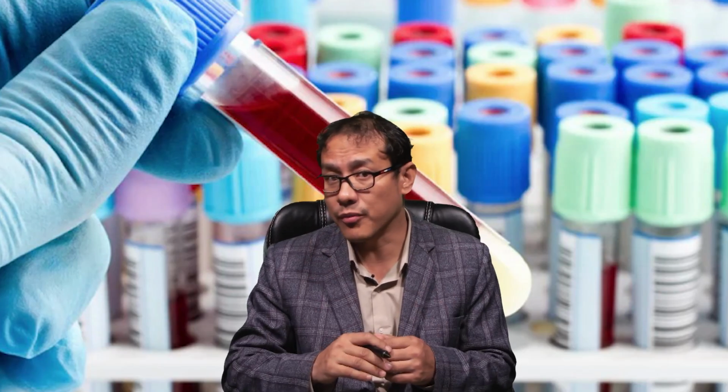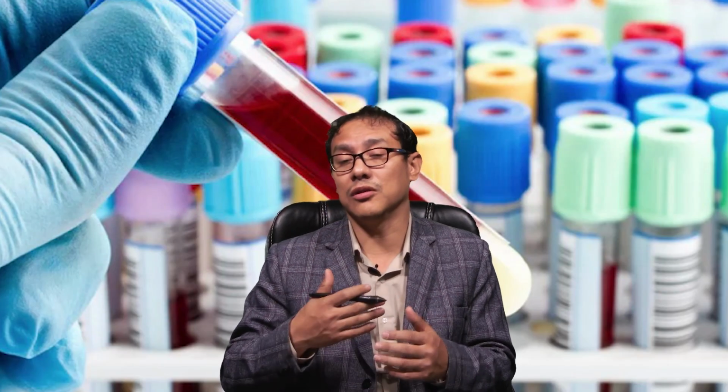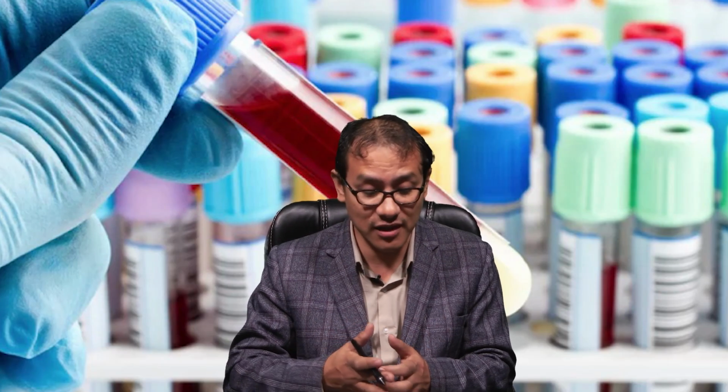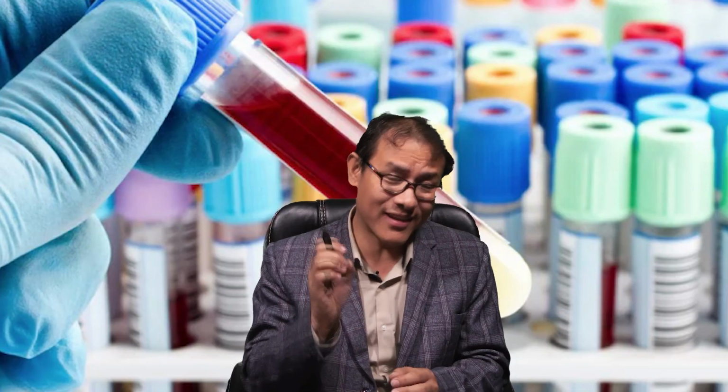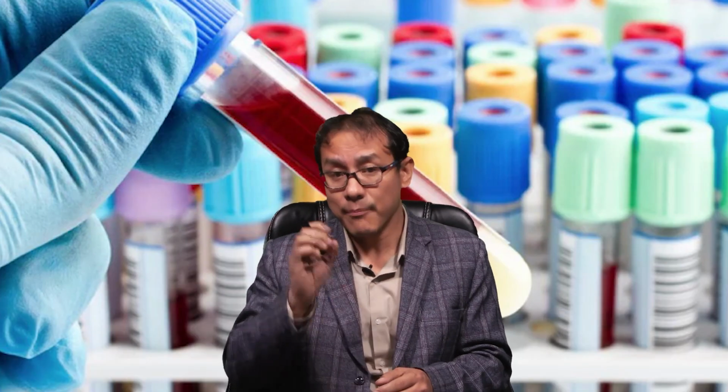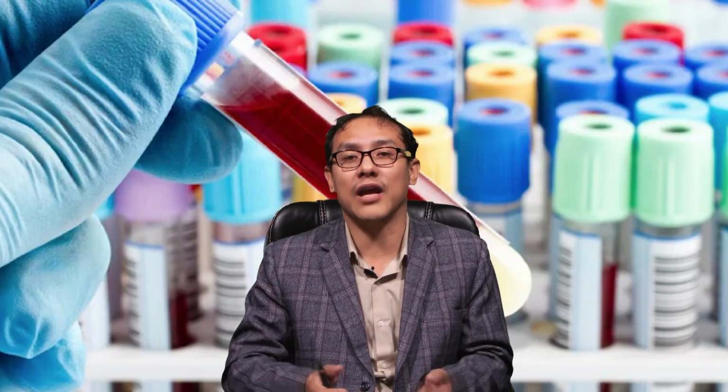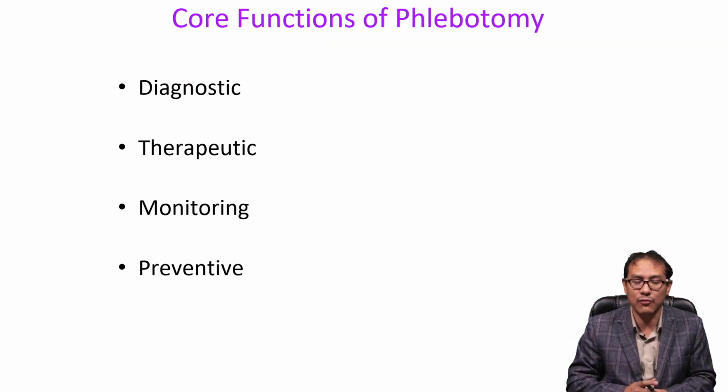Patient comfort is also important. The way you talk and the way you handle the patient will directly affect test accuracy, patient management, and hence overall healthcare. So your role as a phlebotomist is very important.